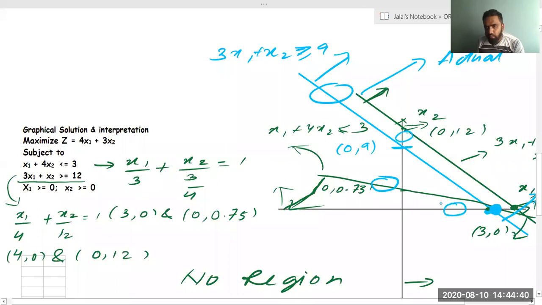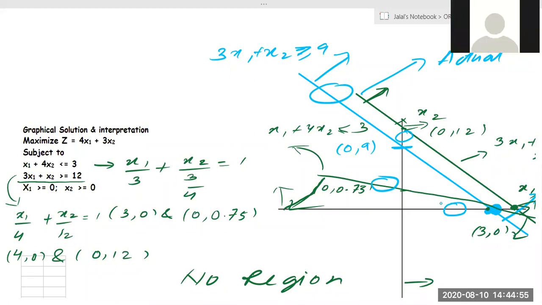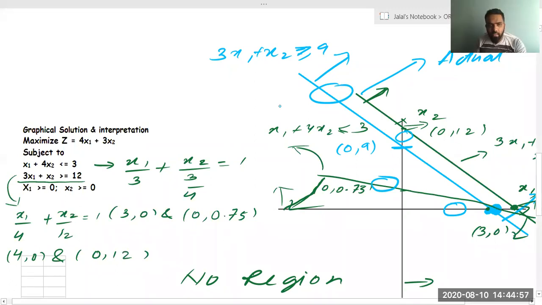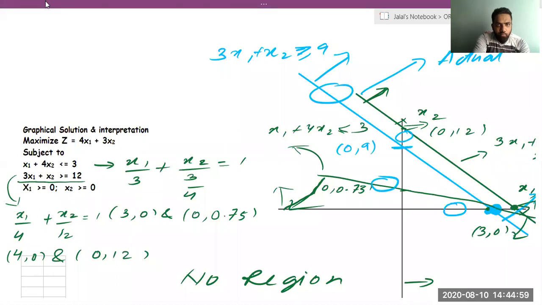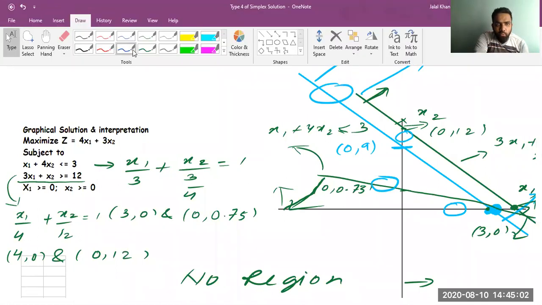I hope you're able to see. Can anyone find me a common solution? Are we getting any common point? Is this feasible or infeasible? Let me know. Be quick. No common point? There is a common point. This is my common point, where both lines are intersecting.